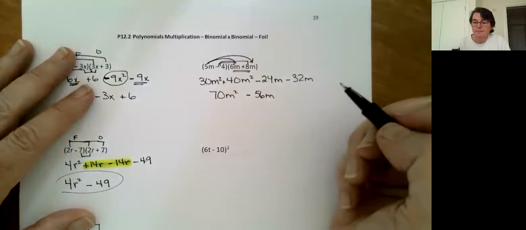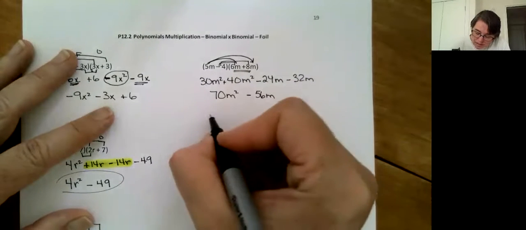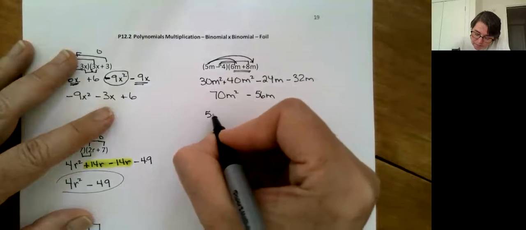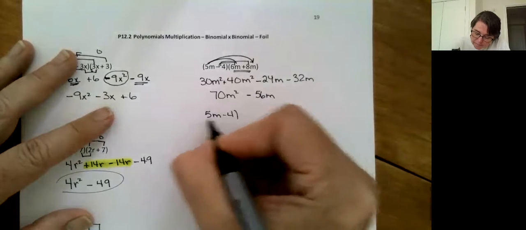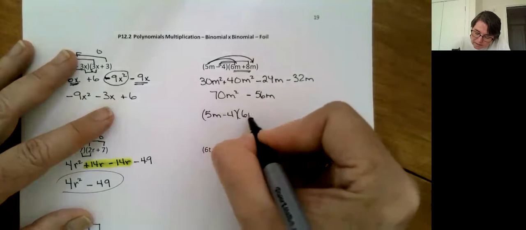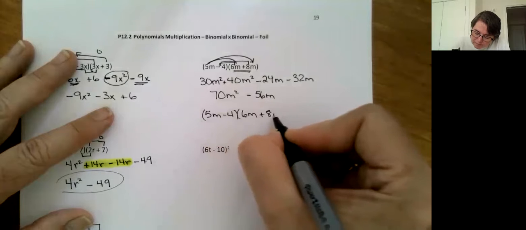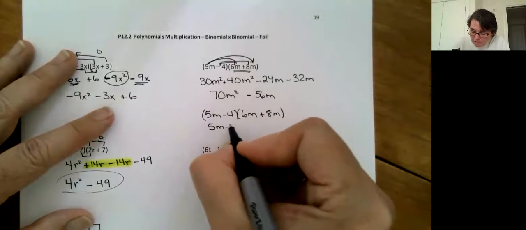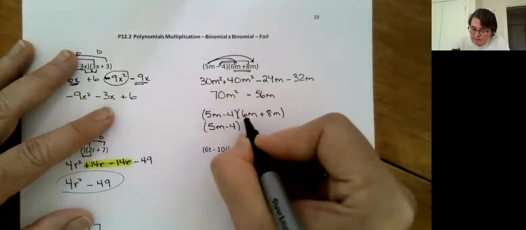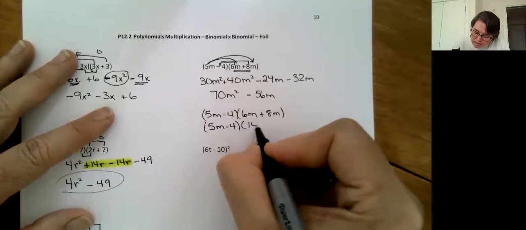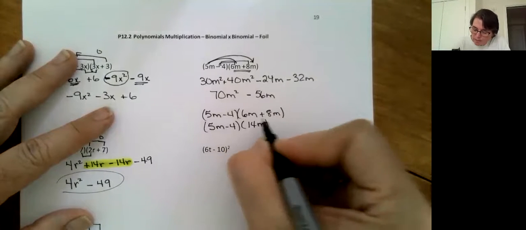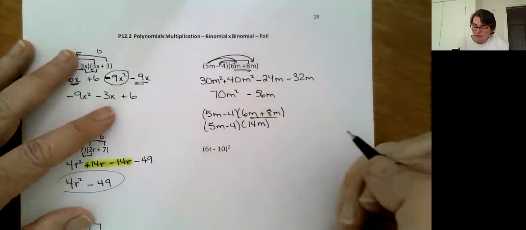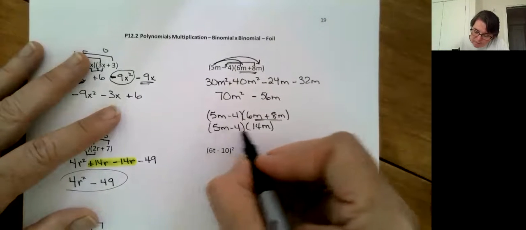Okay, so that is with FOILing. Now, if I've been paying attention, I'm going to rewrite the question. 6m plus 8m. I would have said, look at that back term. 6 plus 8 is 14m. I just combine them because they are like terms. And now I can multiply 5m times 14.